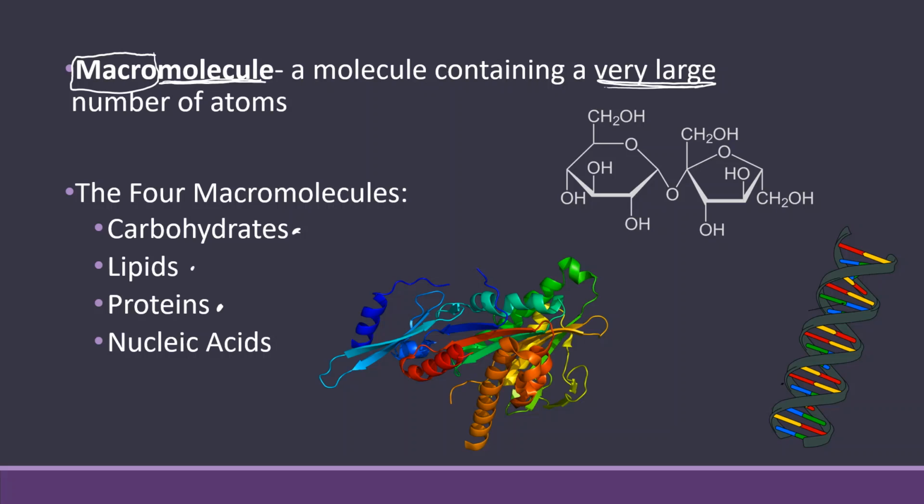If somebody is on a low-carb diet, they are avoiding eating carbohydrates, or on the keto diet that is popular right now, people eat a lot of proteins. Rather than just the food aspect, though, we're going to look at those macromolecules in the context of their chemical makeup and their chemical structures.